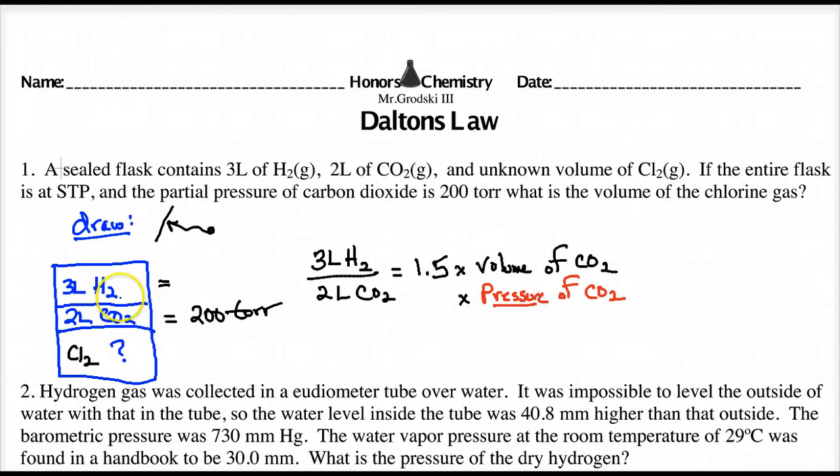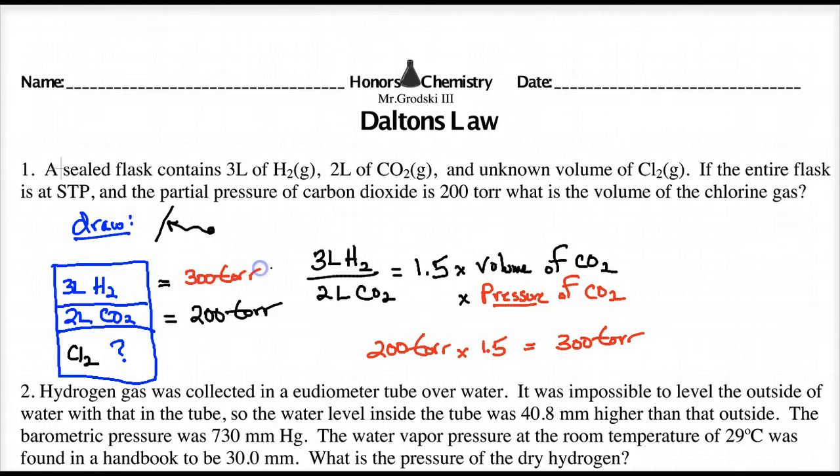Absolutely. So what's 1.5 times 200? Okay, so if you need to write that down, 200 torr times 1.5, and you'll get 300 torr. And that's how I solve for the partial pressure here.